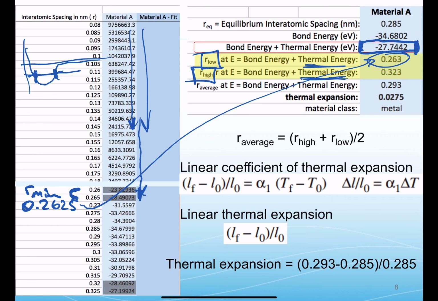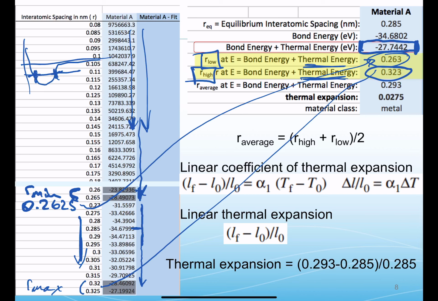As we continue to longer separation distance, we're going to continue deeper into the well, get closer to the absolute zero condition. So you can see our lowest data point there is about here. And we start climbing the curve, and then we're ultimately going to cross that minus 27.7442 value again. And so our max is somewhere in between here. And for sake of simplicity, we'll just take the midpoint there, and that'll give us this value here.